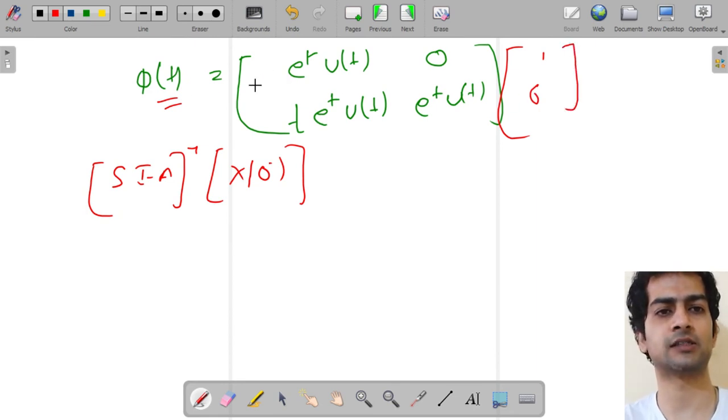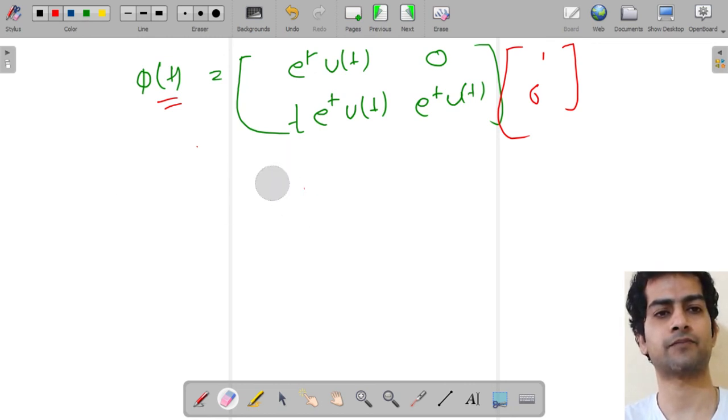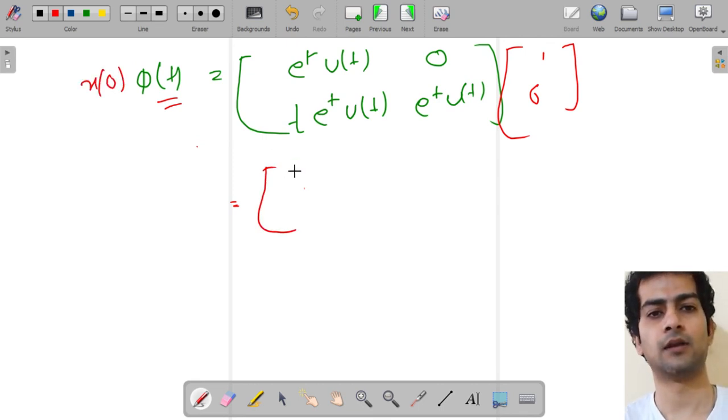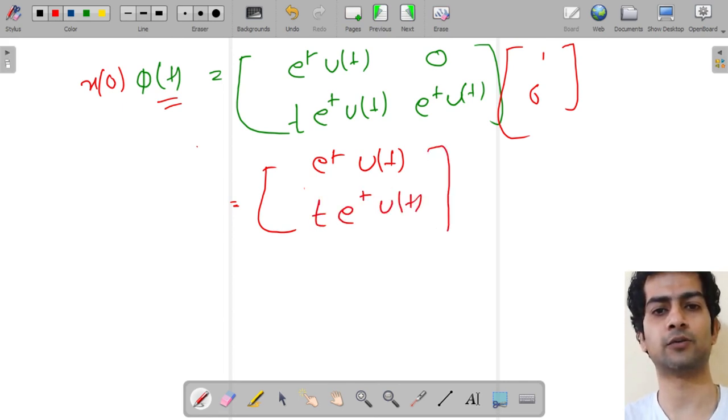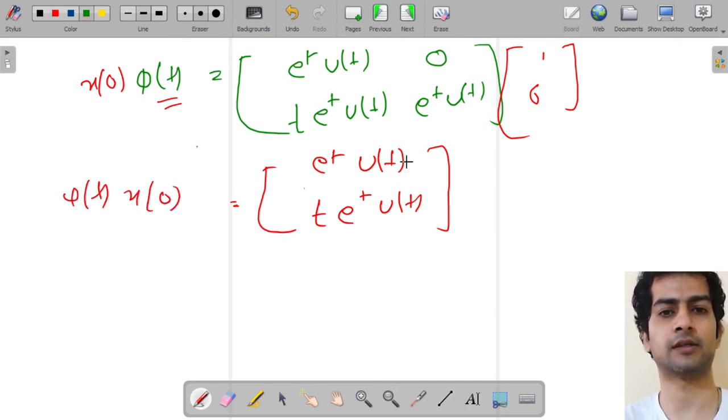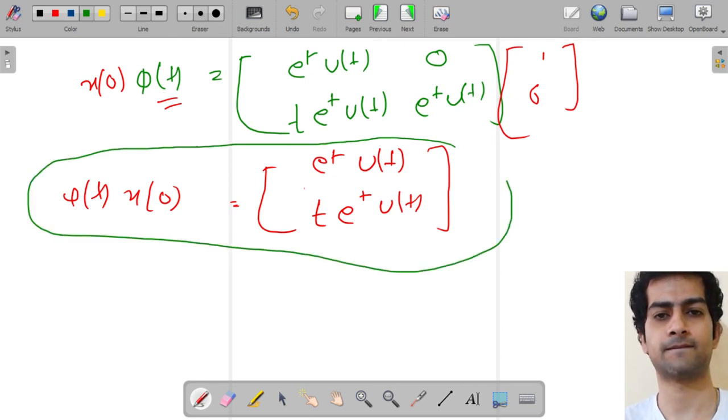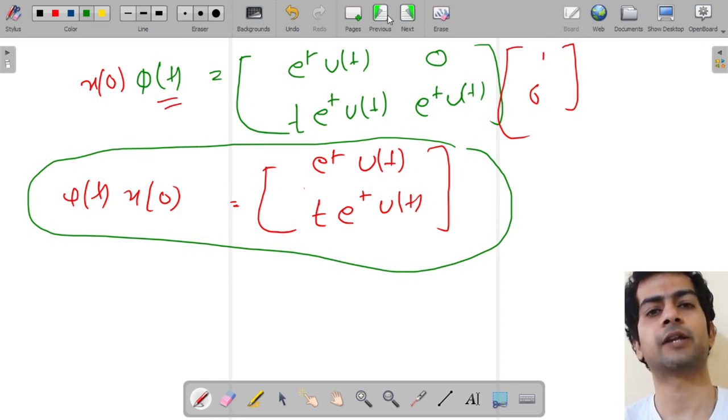I hope it is clear. Don't get confused. So what we will get? This into this: e to the power t u(t) and t e to the power t u(t). So first part we are getting this.